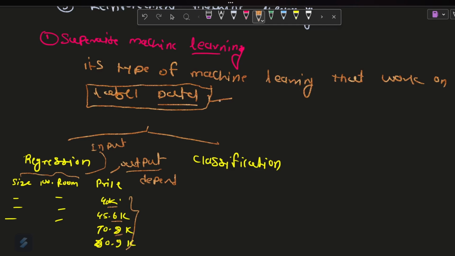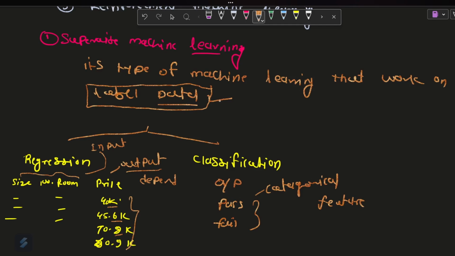Similarly, when we talk about the classification problem, just consider the output is pass or fail. This is based on a categorical feature, a categorical output.